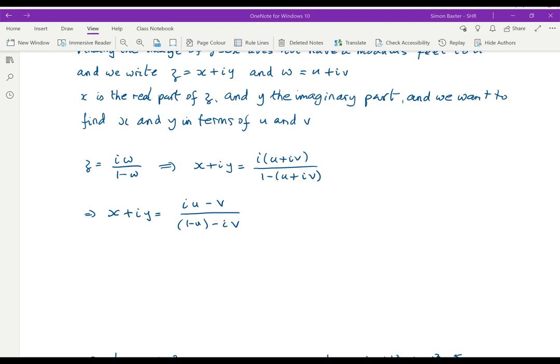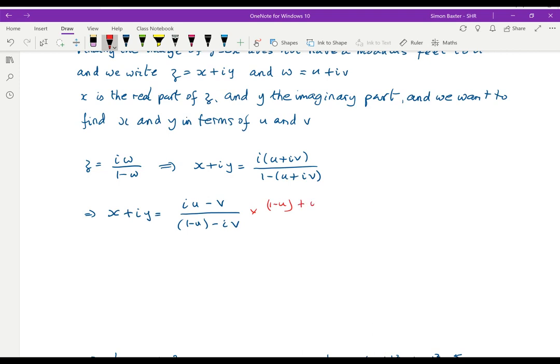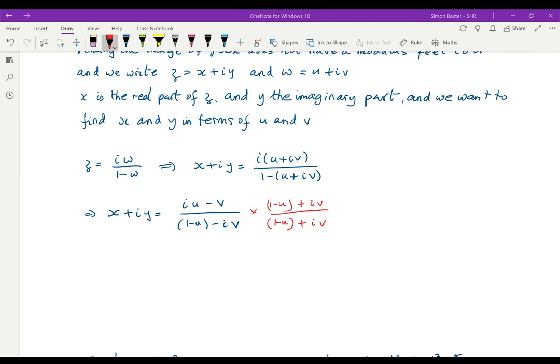So how can we do that? We multiply top and bottom by the complex conjugate, that's 1 minus u plus iv over 1 minus u plus iv. If we do that, we shall be able to extract the real and imaginary parts easily.